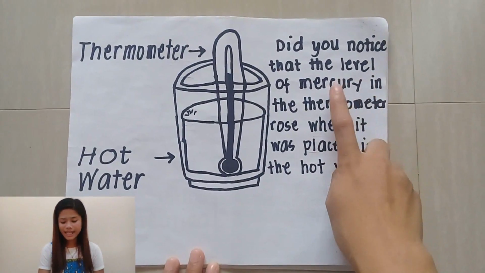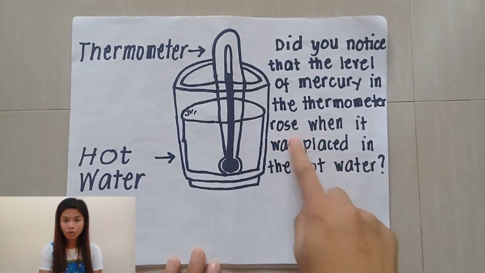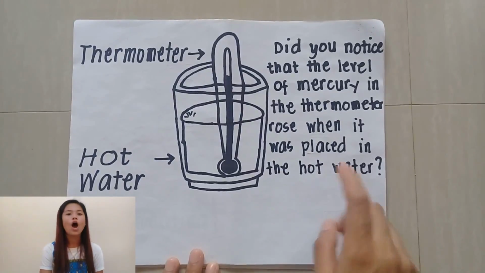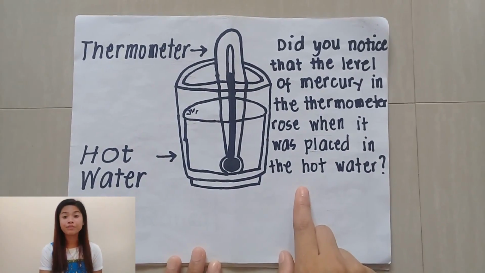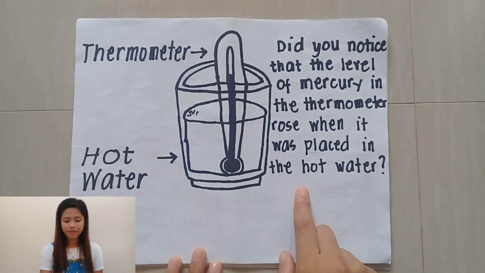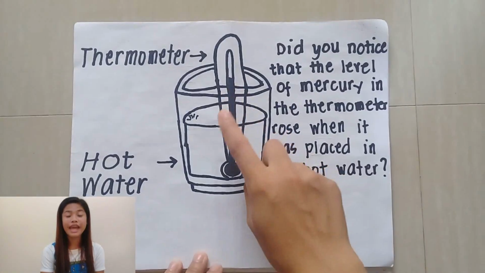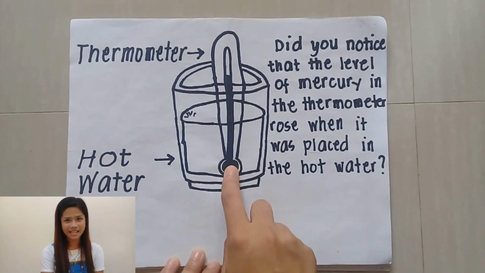Did you notice that the level of mercury in the thermometer rose when it was placed in the hot water? Well, it happened because of thermal expansion. A thermometer usually consists of a narrow tube and a small bulb at one end.